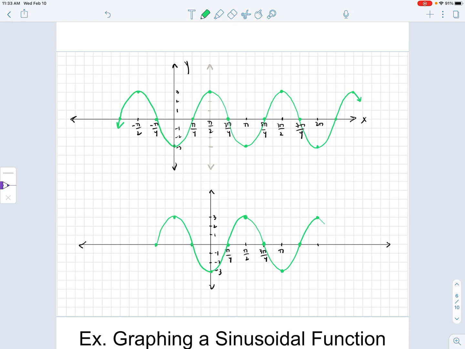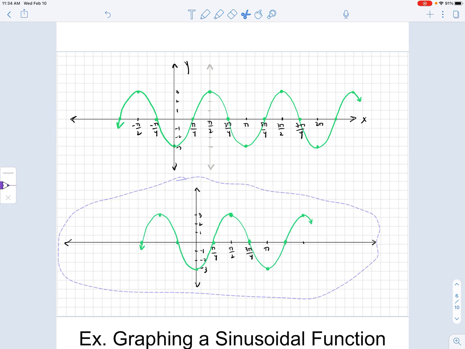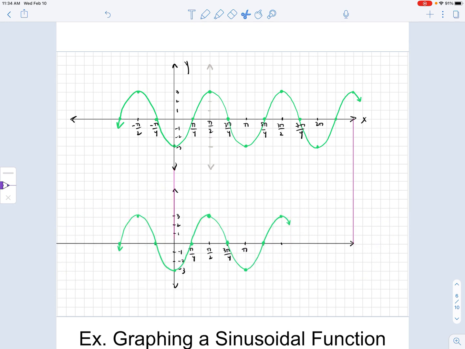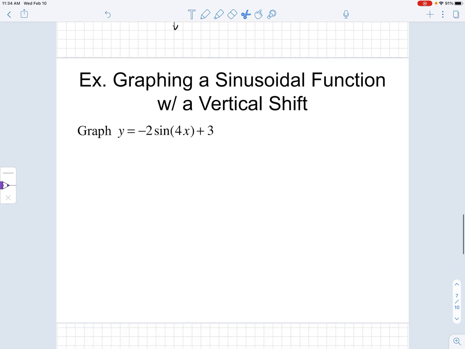So that's why I meant you just need to graph at least 1 period. So you can see if I were to move this graph over and line it up, right? They're the same graphs. Use the method that works for you for applying the shifts.